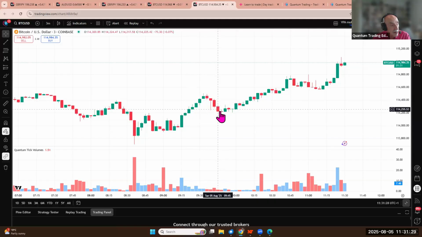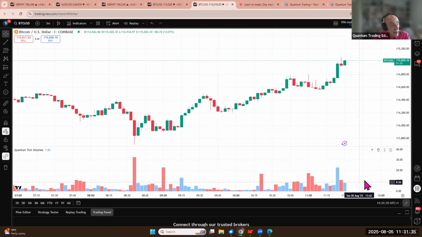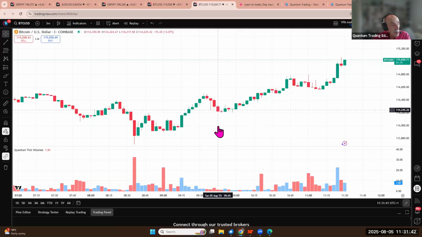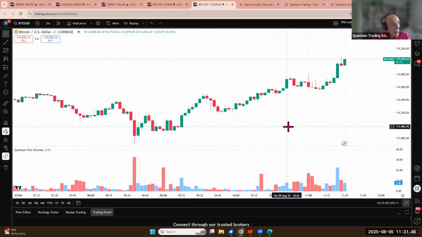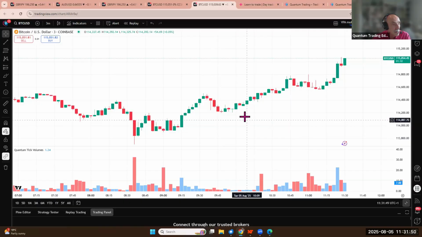And therefore, it's no surprise to see this fall back. But when we see this fall back, what do we see? Very low volume under there. So that again is telling you that the selling pressure under that little reversal there is minimal. There's no heavy volume. It's very lightweight. And therefore, we can expect this to develop further at some point. We don't know when exactly, but this is what's happened.